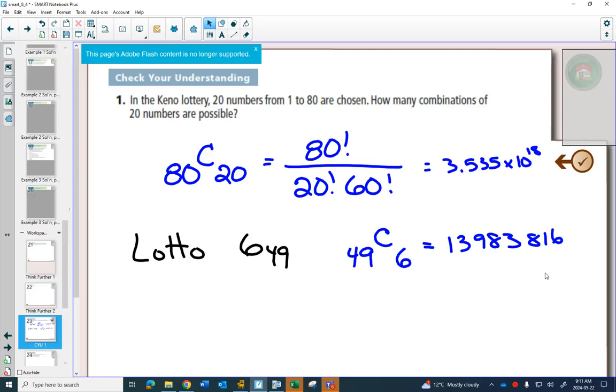But if nobody wins it with 20 million, what happens to the prize the next week? The next week the prize gets bigger. Right? And each time the prize gets bigger, more and more people buy a ticket. Until eventually someone gets that lucky. Because if your chances are 1 in 14 million, and you try 14 million times, there's better chances of winning if you've tried 14 million times than if you just try once. So that's why eventually someone wins.